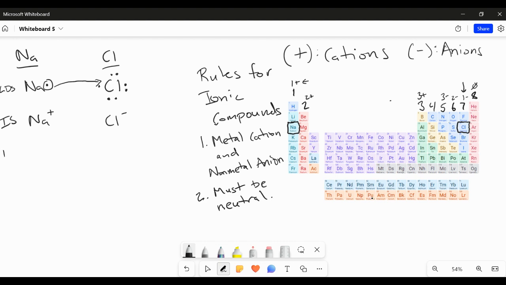This is the ionic compound formula. And when you stick these together, you end up with NaCl. And the name is sodium chloride.